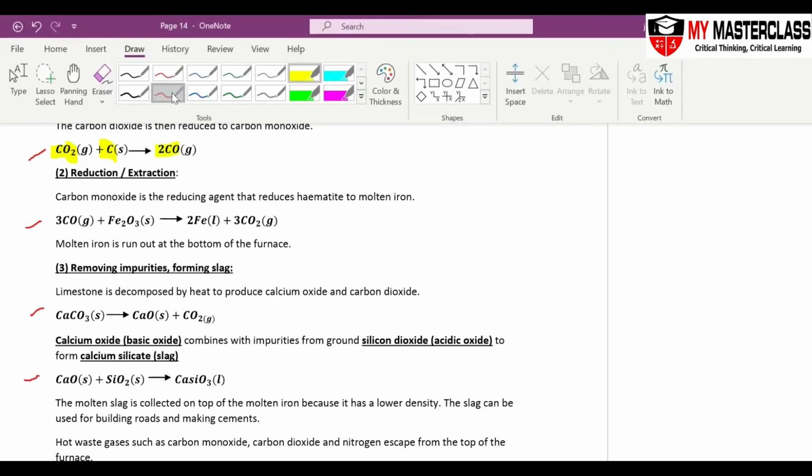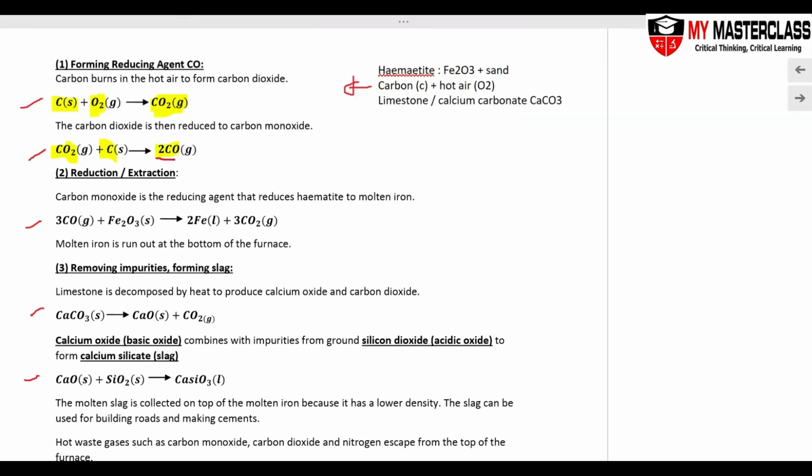Please remember this, those of us who have done redox. Carbon monoxide is the strong reducing agent. So CO is the main reducing agent in iron extraction, and CO is used to reduce the iron from the Fe2O3, your iron(III) oxide.